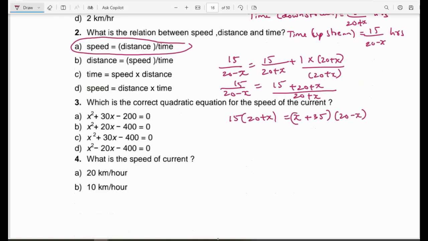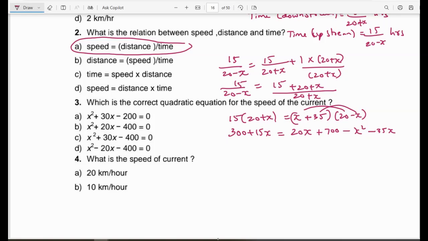Now if you simplify, we get 300 plus 15x equals 20x plus 700 minus x square minus 35x.